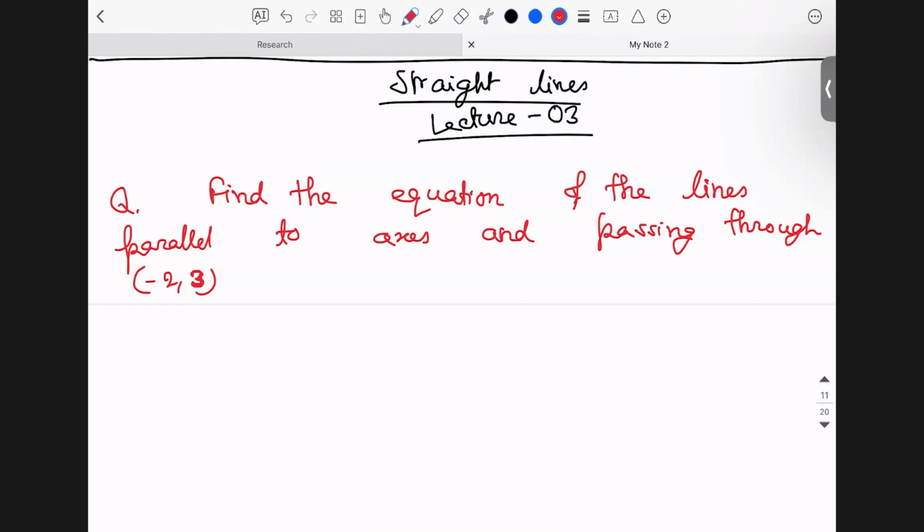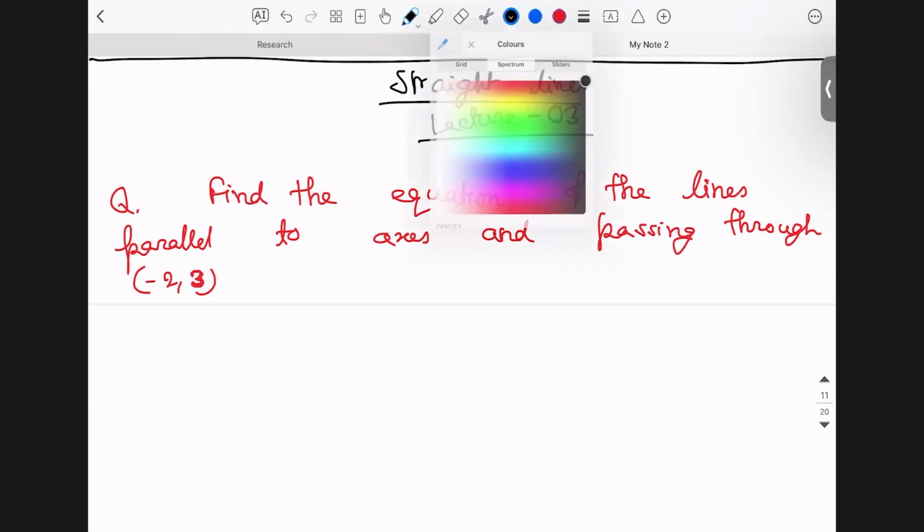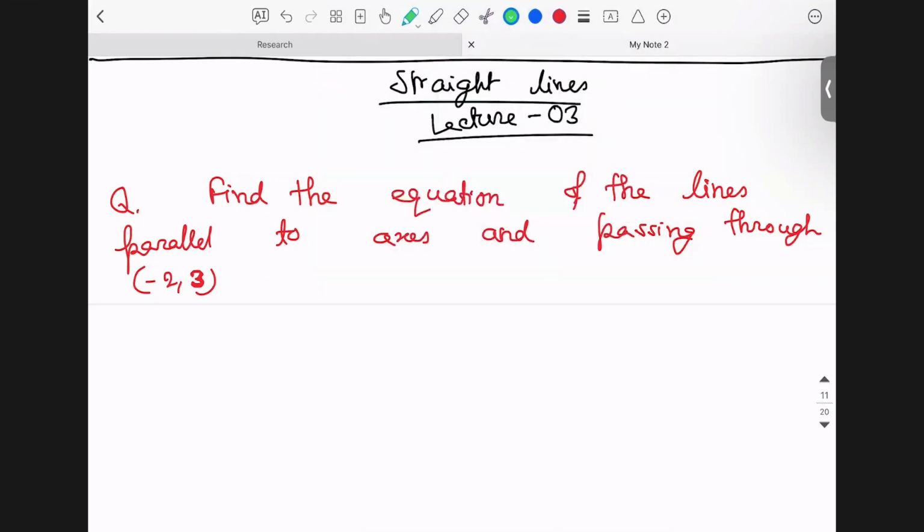But first, draw the axis. Suppose this is our y axis and this is our x axis. So where will be the point minus 2 comma 3? Minus 2 will be here and 3 will be there. So this point will be the point minus 2 comma 3. Next, they have asked that this will be parallel to the axis.